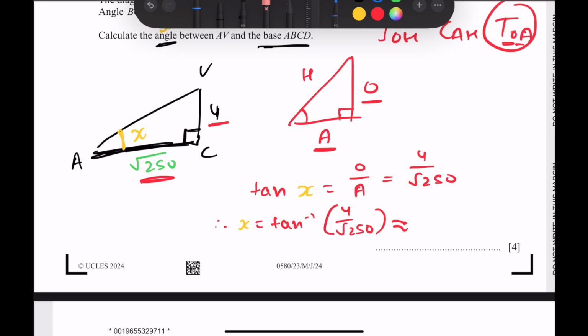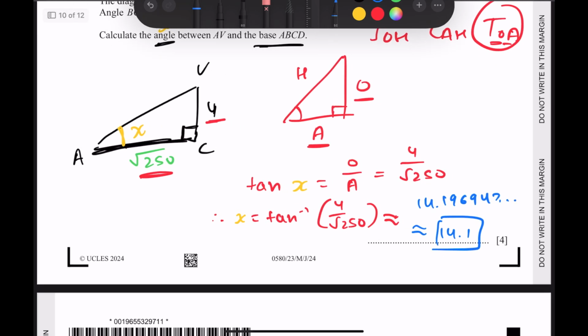So in this case, tan inverse of 4 by root 250 is equal to 14.196947... But always round to 1 decimal place for any non-precise angles. Therefore, this is equal to 14.1 as a final answer. No, sorry, 14.2, my bad, because 9 is more than 5, therefore 1 gets added and the rest get removed.